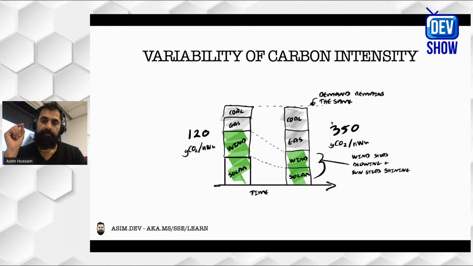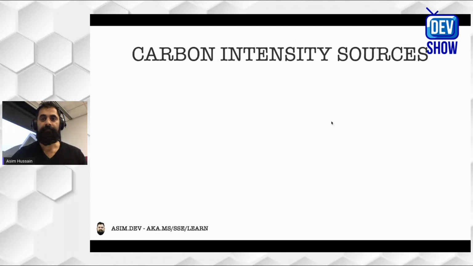And that gives some very interesting options as an engineer, because then you can choose where to run some things: places which on average have better carbon intensity. Or if you can't move it, maybe you can pick a time.